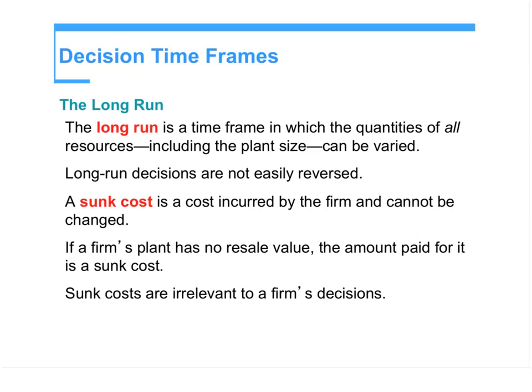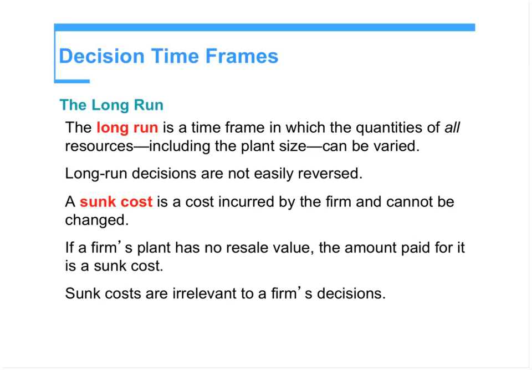So long-run decisions are not easily reversed, because while you make that decision and time is passing by, your capital, your plant, all that is going to be reduced or changed. So when you want to reverse or change that decision, you're not able to, because you have already made that decision. It's very difficult to make any changes now.